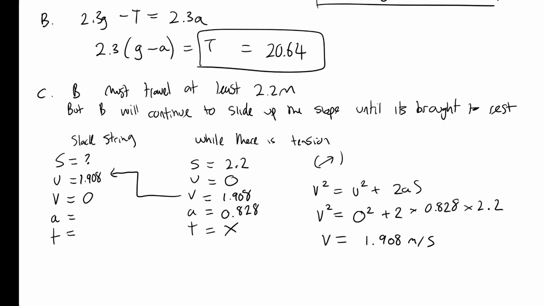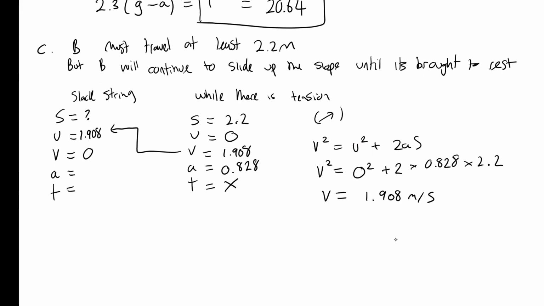We still have a problem over here with this SUVAT in that we only have 2 pieces of information, so we need a third. One key point is that acceleration can always be found by considering forces.